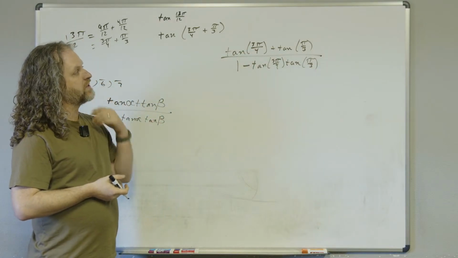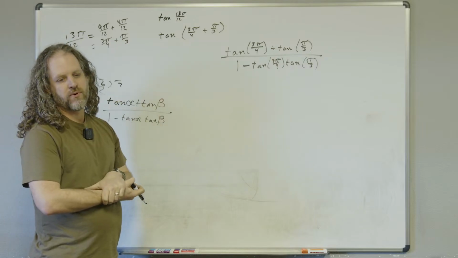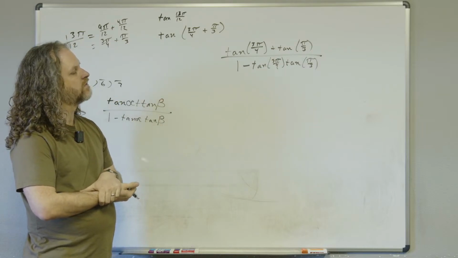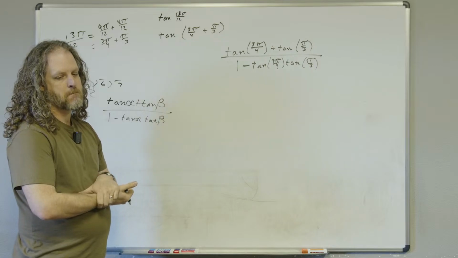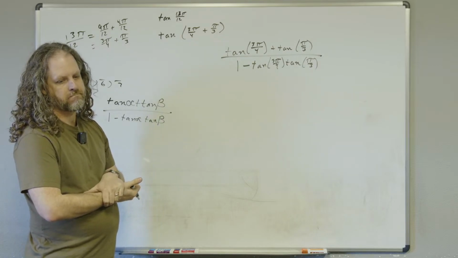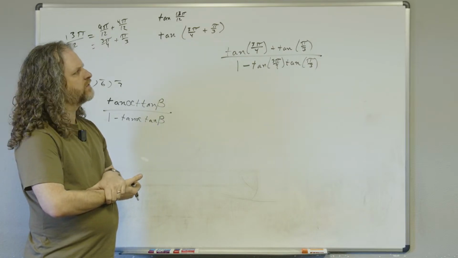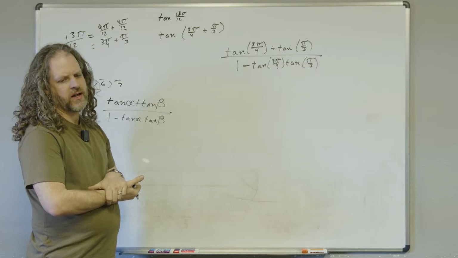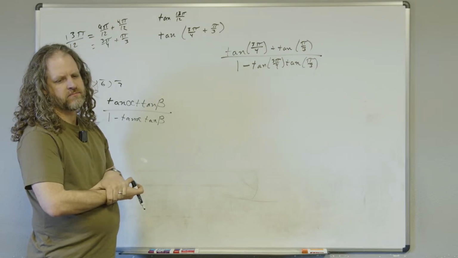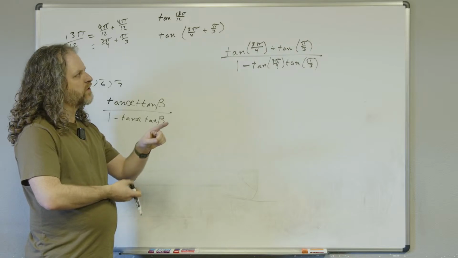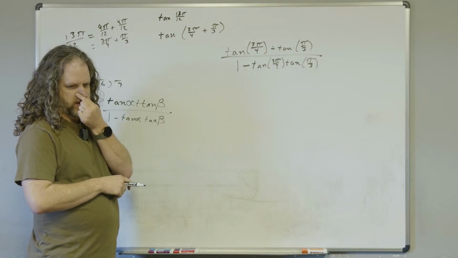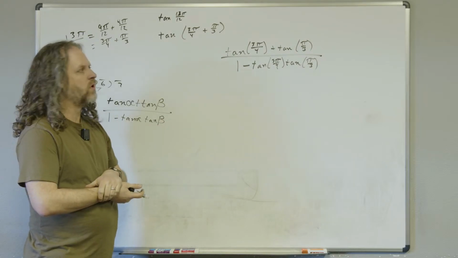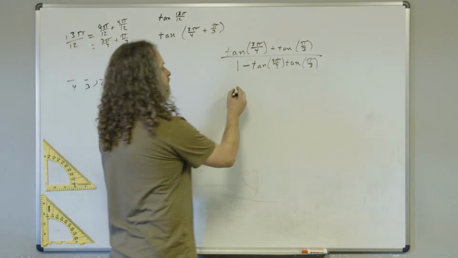So what is the tangent of 3 pi over 4? Well, tangent of pi over 4 is 1/2, so negative 1/2. No, tangent of pi over 4 is not 1/2. It's the square root of 2 over the square root of 2, which would be what? 1. So it would be negative 1.